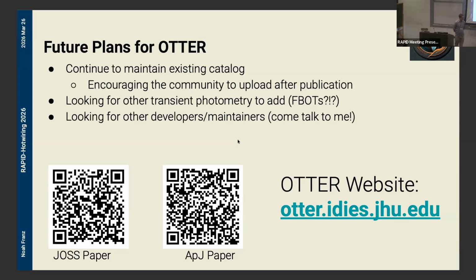So as I mentioned, we included everything in the Open Supernova catalog, but that was only updated until 2019-ish. And so getting in all of the supernovae from the past 7 years would be really cool. Including things like FBOTs would also be awesome. And if you're interested in contributing this data or have an idea of where I can find a lot of the data in one place, please get in contact with me.